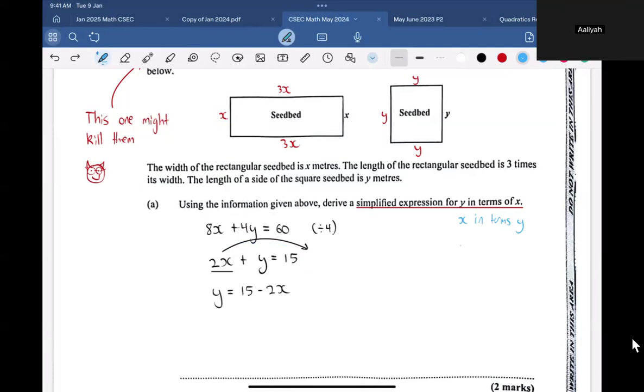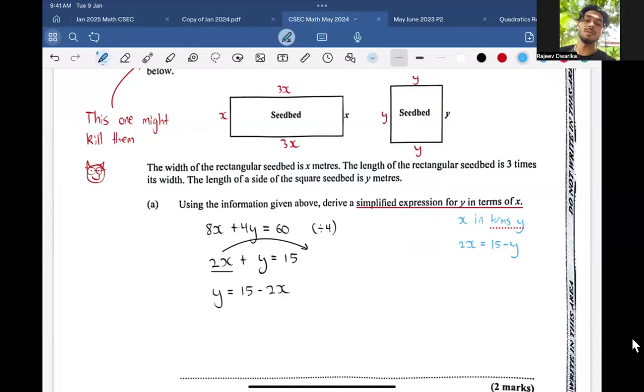You would carry across the y, so it would be 2x is equal to 15 minus y. Yes. But they want x. So you carry across the 2.